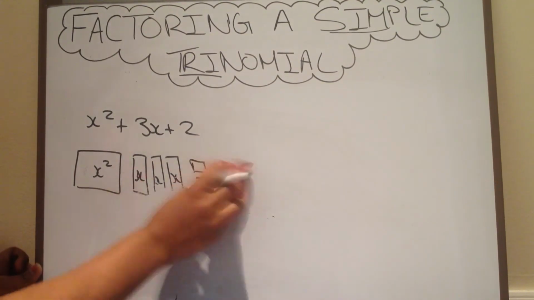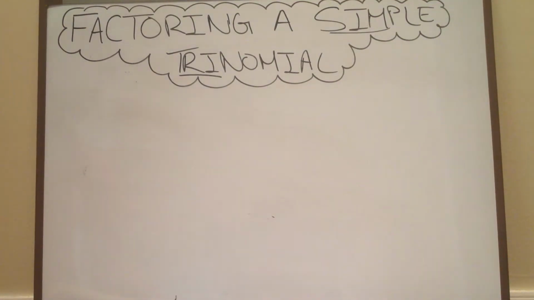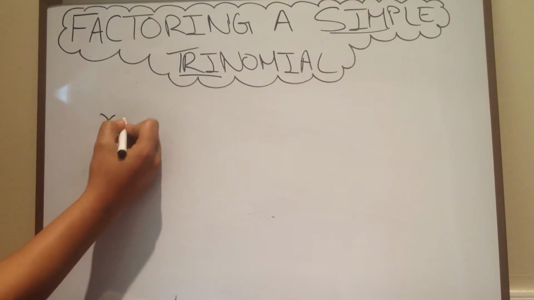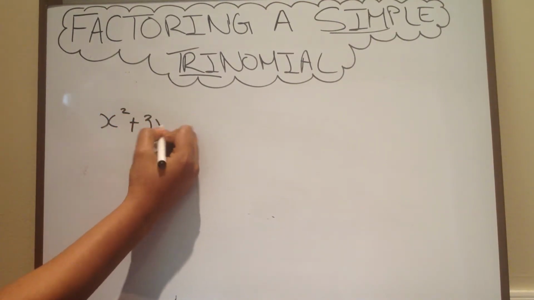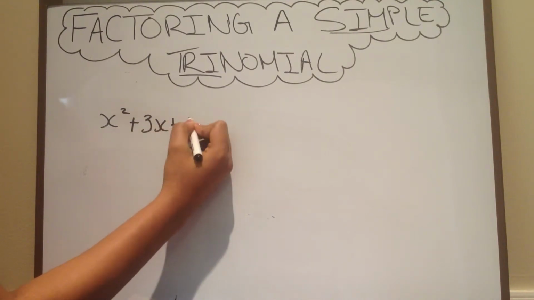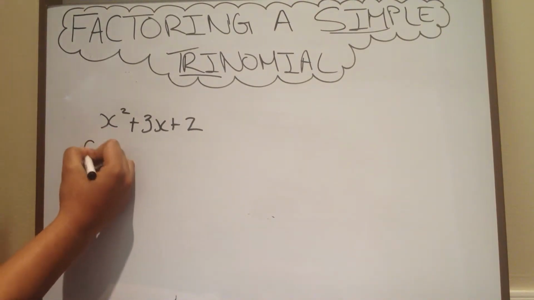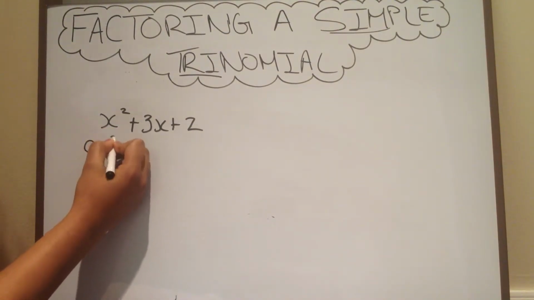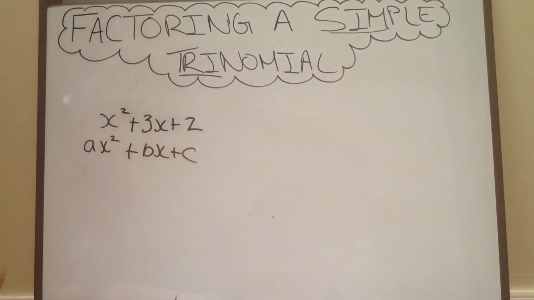But let's say you didn't want to use that. So you have x squared plus 3x plus 2. So this is essentially ax squared plus bx plus c.